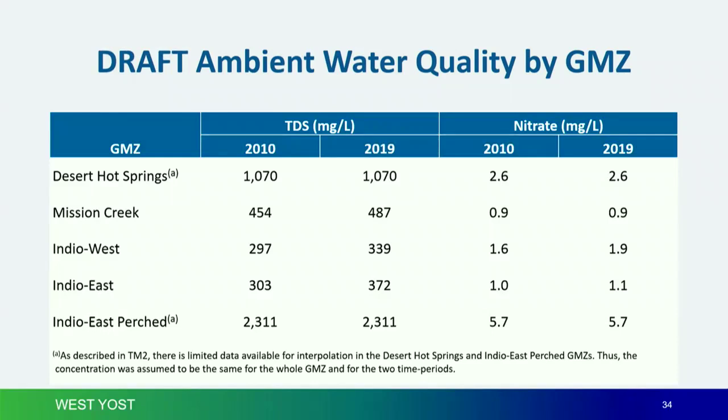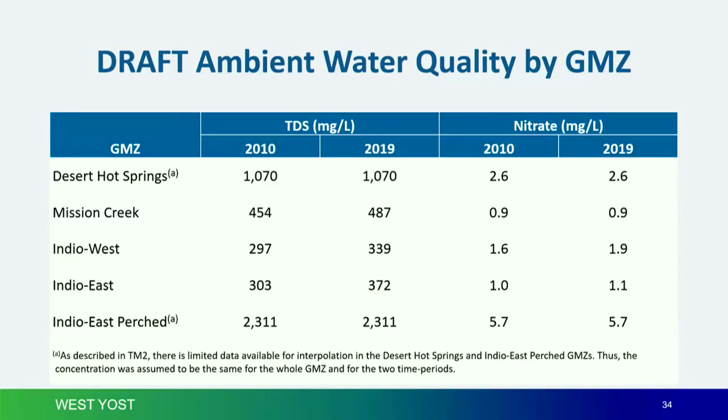So this is based on actual data from around the 2010 time period to the current time period, right around 2019. We're looking at about 5 years worth of data: two on the front side, two on the back side, and then the actual year there to come up with these ambient water quality estimates.